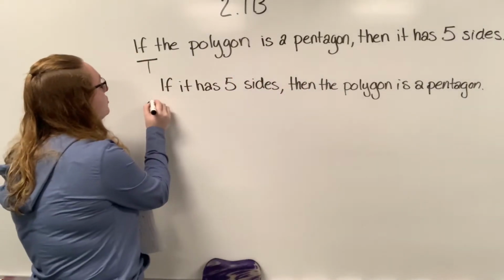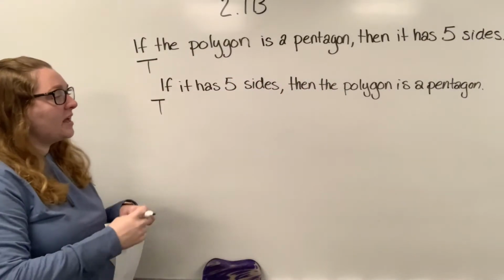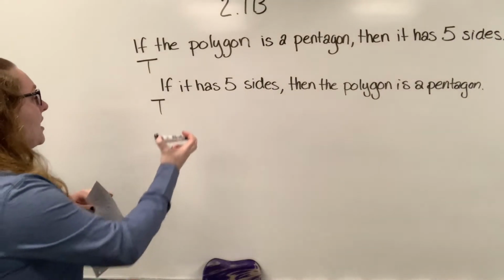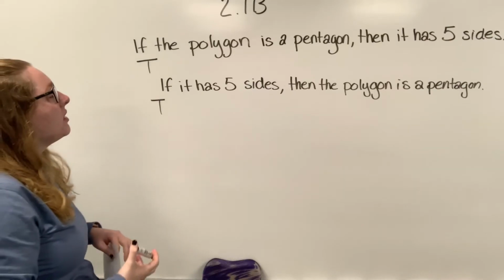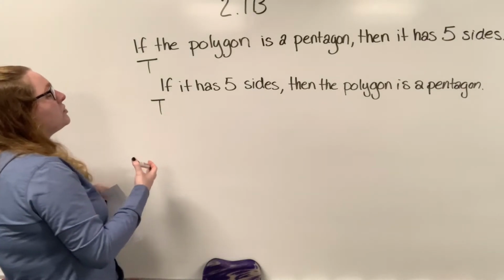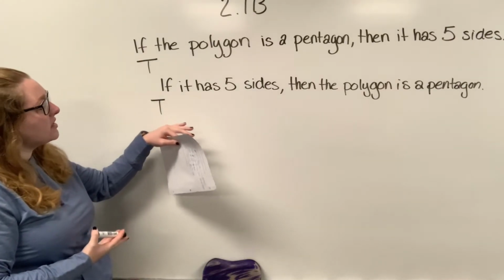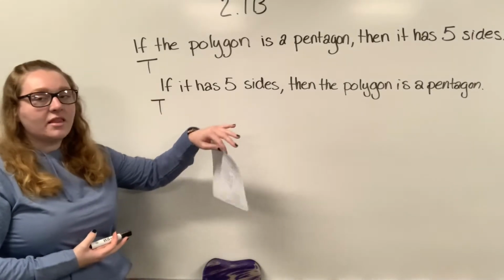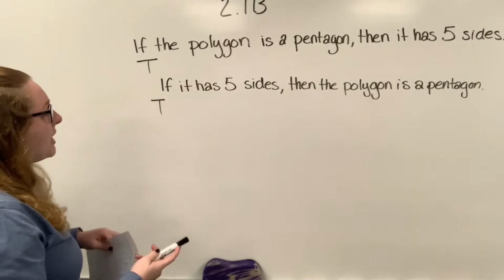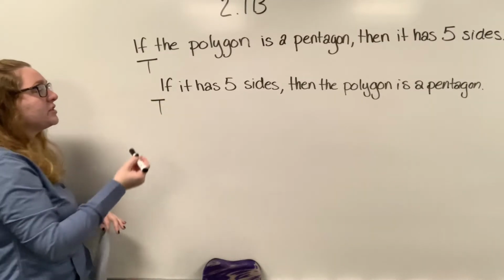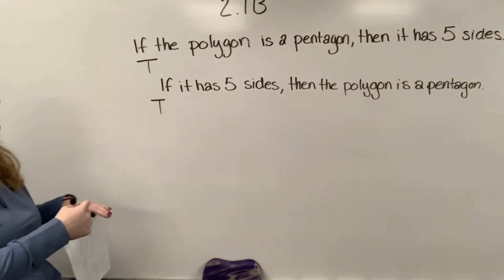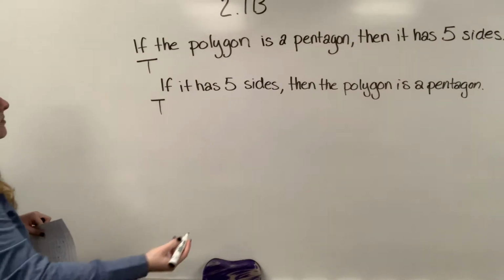And that is also true. If a polygon has 5 sides, then it's a pentagon. And that is also true because if something has 5 sides, then that polygon must be a pentagon. So since our original conditional statement and our converse are both true, we can write a biconditional statement.